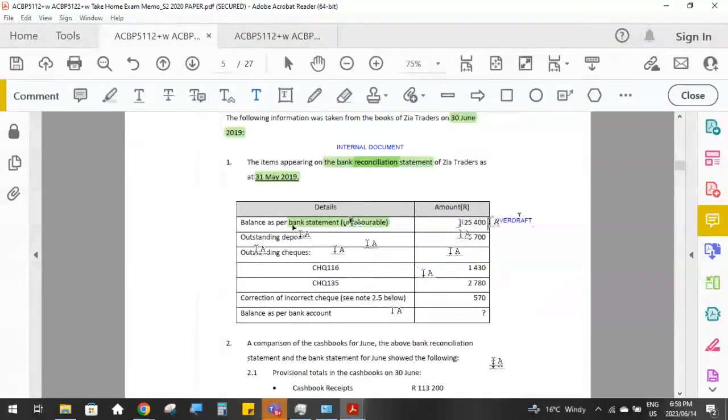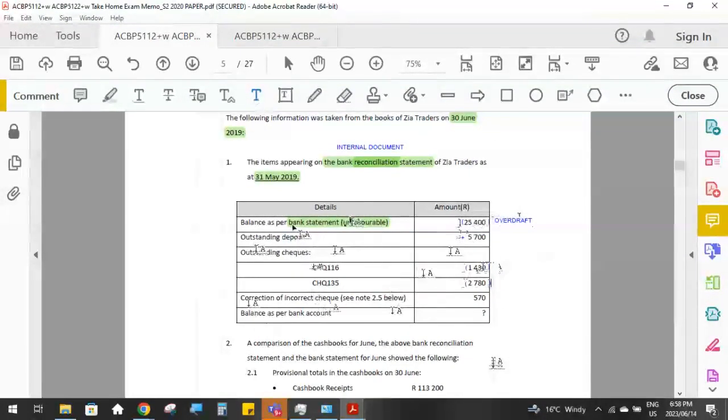There was one outstanding deposit, which is a plus because that would have increased your bank balance. There were 2 outstanding checks, which you still had to process. So a check would have reduced your bank balance, so that would have been a minus.